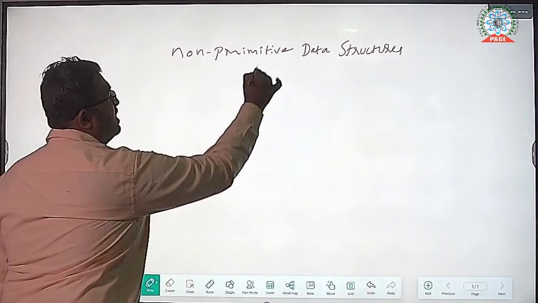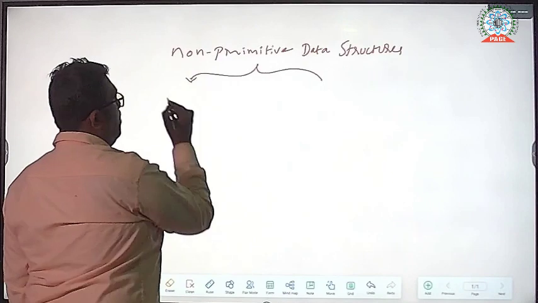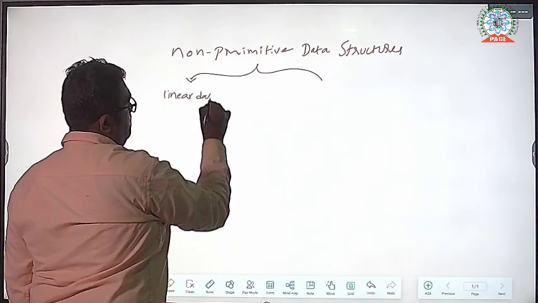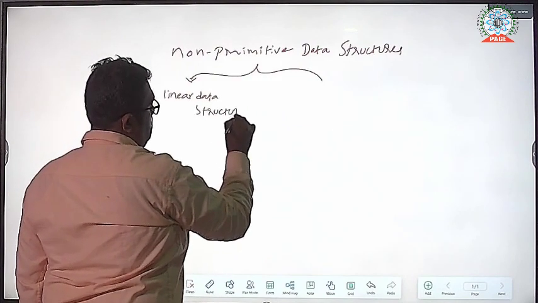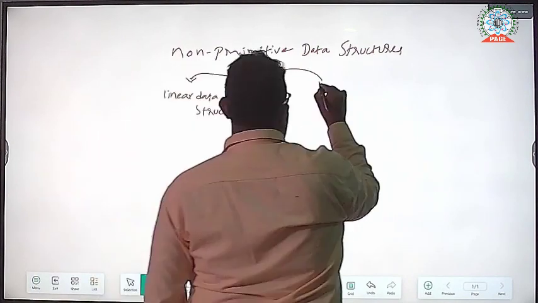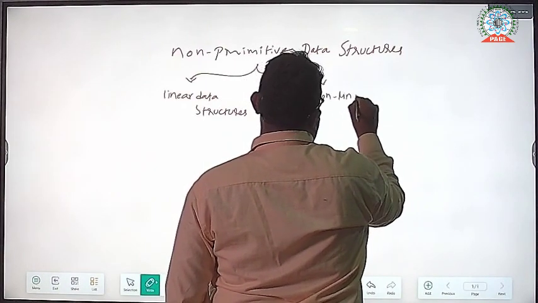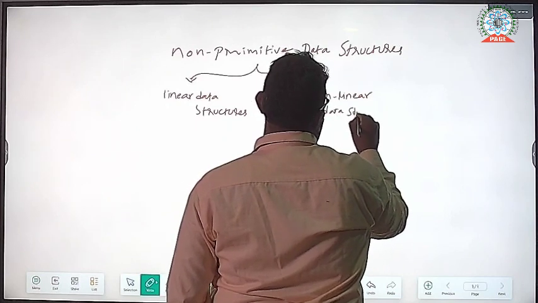In that, non-primitive is organized into two: one is linear data structures, and the second one is non-linear data structures.